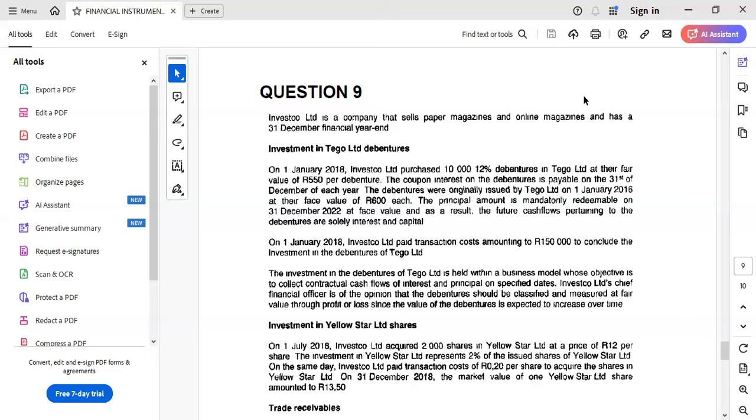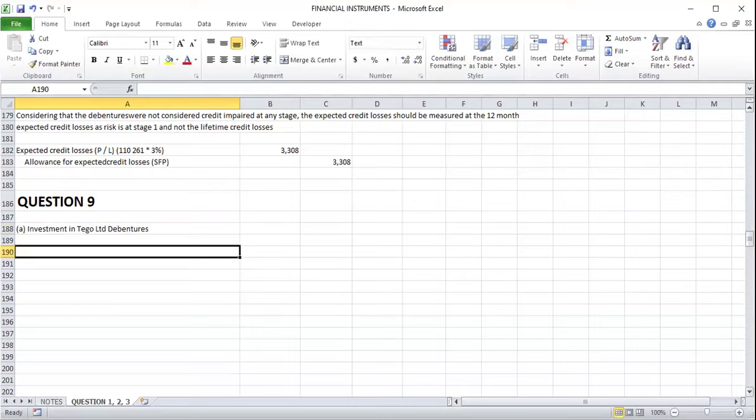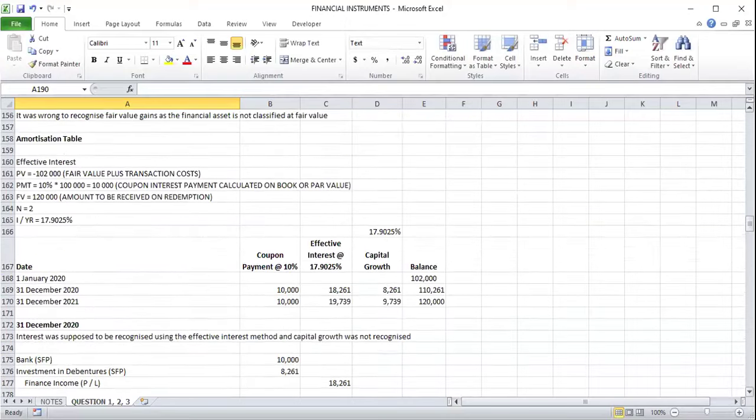Right, I'll just quickly do this so that we don't waste time on this part, please. For the sake of time, I think I've talked about this a long time. Investment in Tego Limited debentures. I'll just take this.